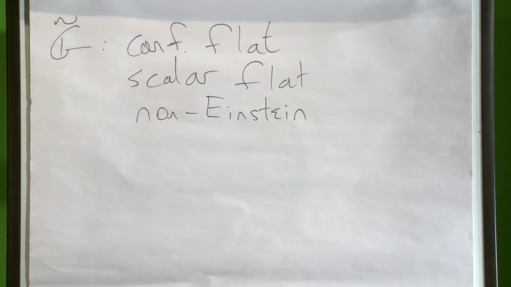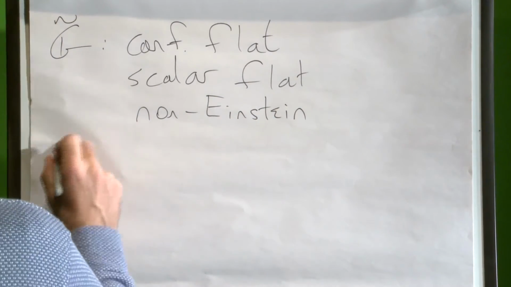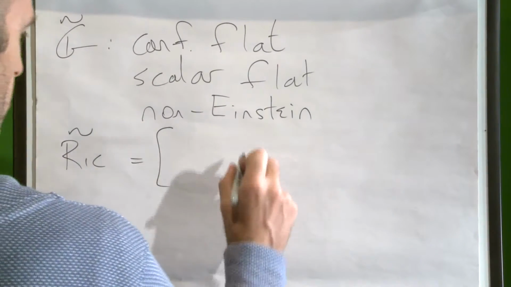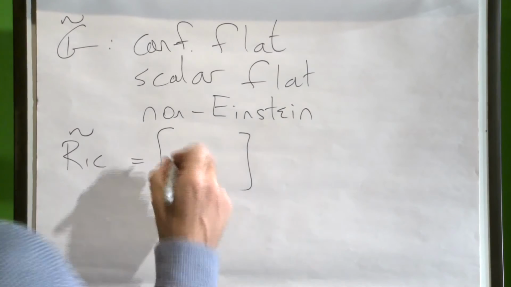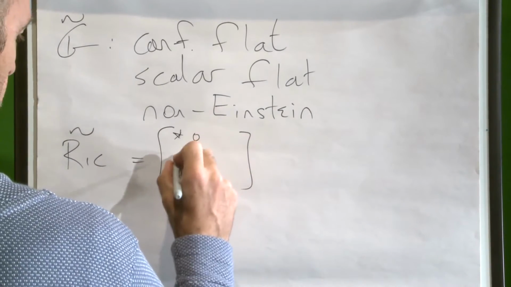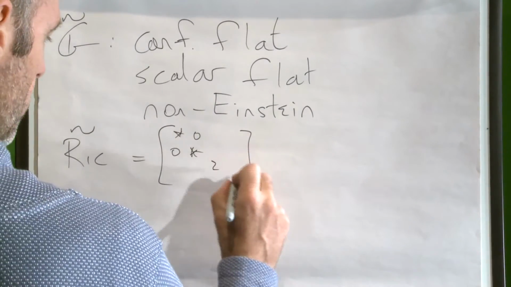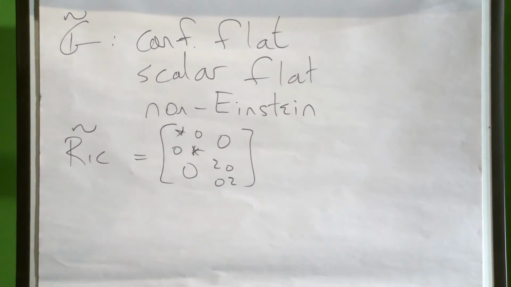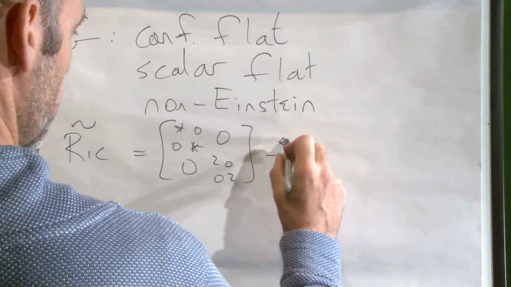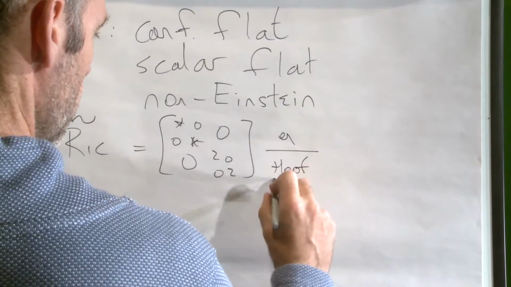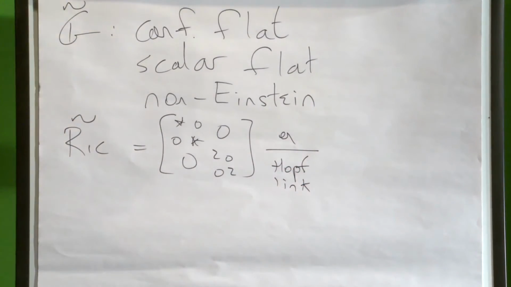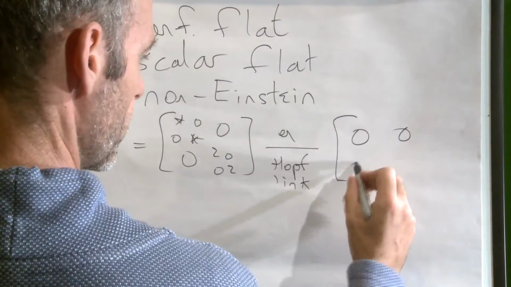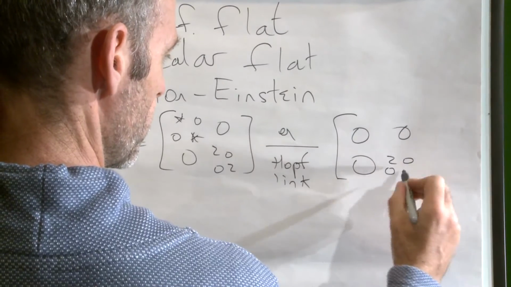It's actually non-Einstein. In fact, with a little bit more detail, if you take the Ricci tensor, it's a symmetric 4x4, and if you diagonalize it, you find that it has non-zero diagonals down here, and 0 elsewhere. And if you restrict it to the Hopf link, we'll see why this is of interest in a minute, on the Hopf link these terms are 0. So it's actually 0, 0, 0, and then it has just 0, 2.